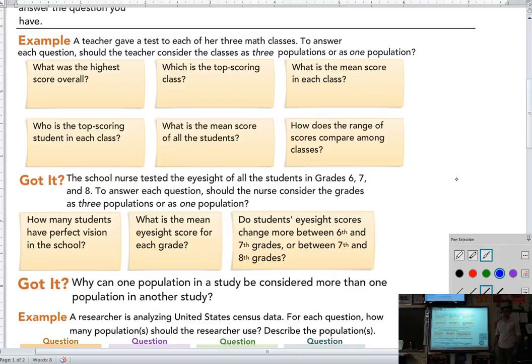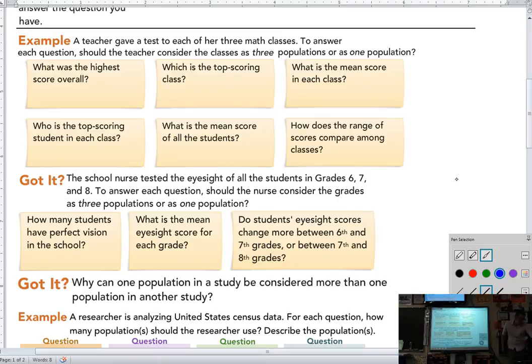So why do they cost so little? Ball bearings are not expensive. BBs for a BB gun are called BBs because those are ball bearings. Some ball bearings are cheap. Really good ones are made out of ceramic or different materials.